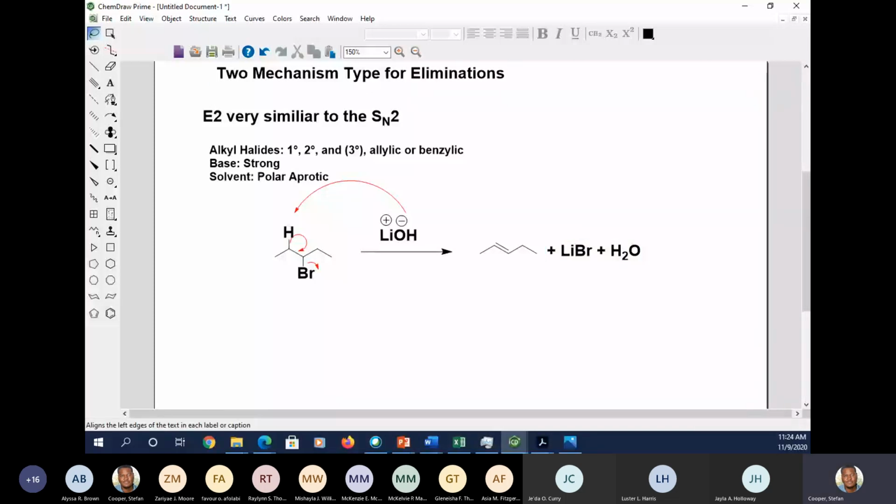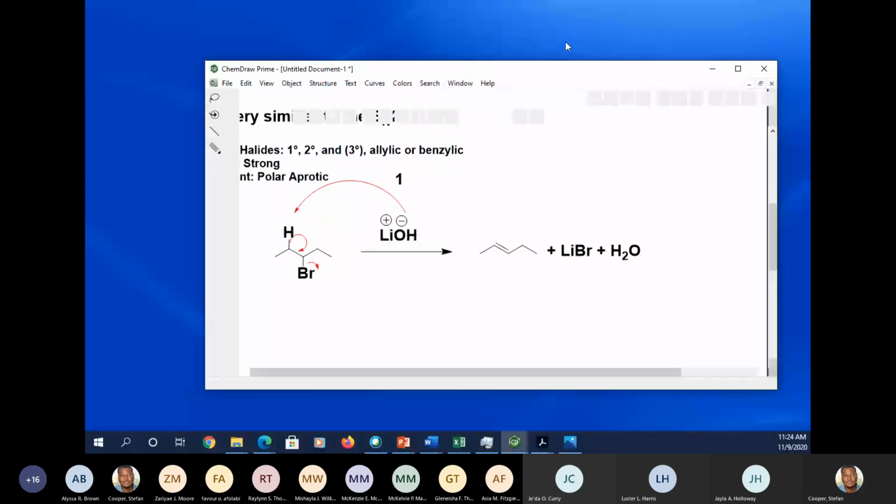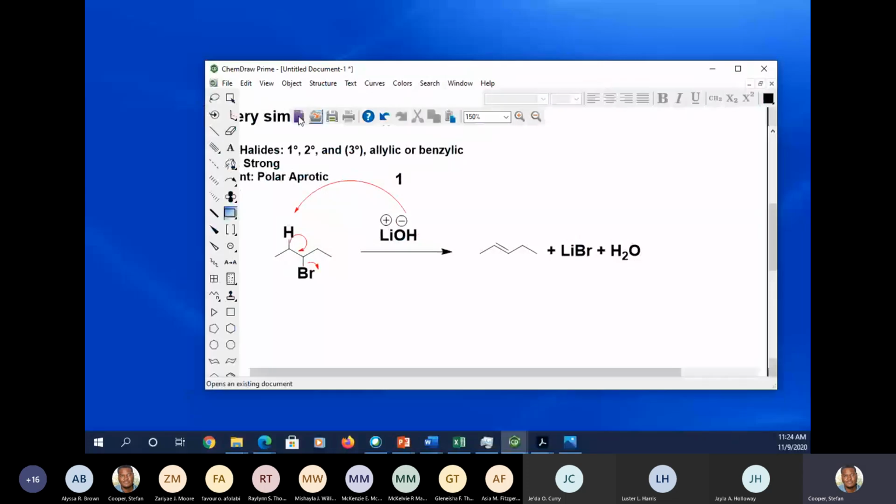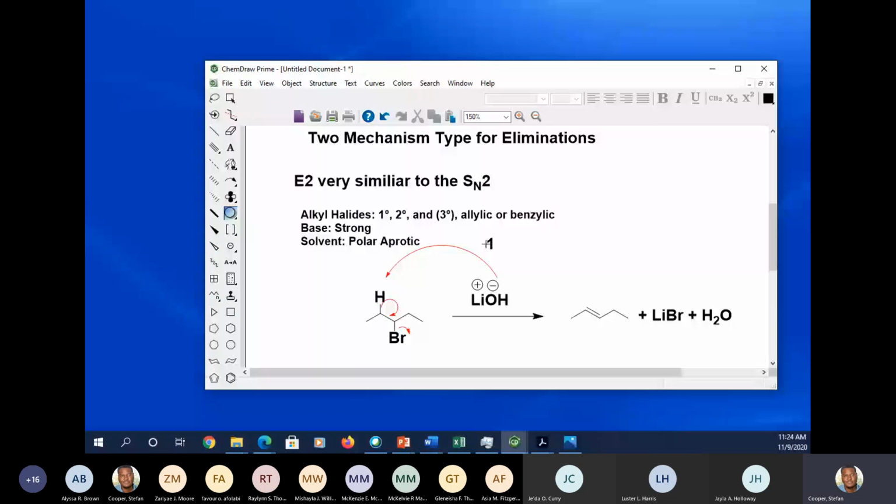All right, so let's go ahead and write this down in order of steps to make sure everyone is comfortable with this so far. Step 1 in this process, oh boy, it's going to be too hard to do. Step 1 is where I have my base. I'm going to remove a proton.